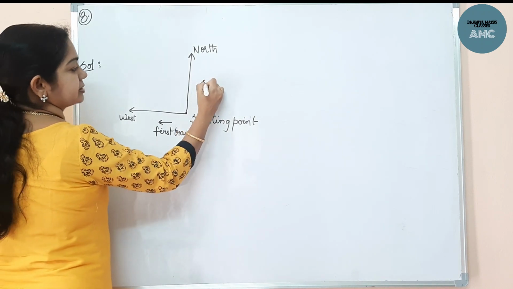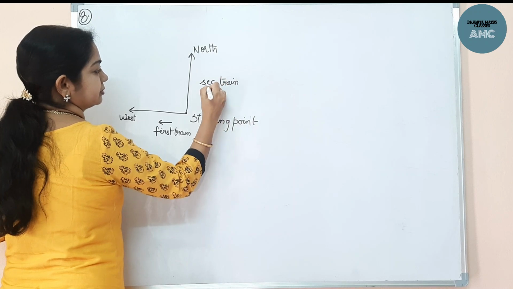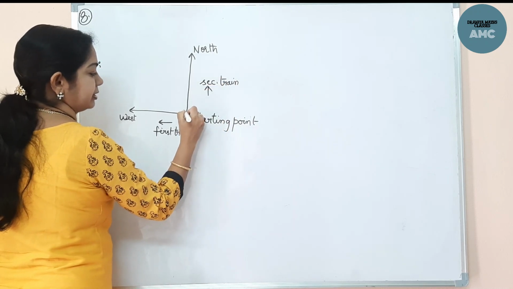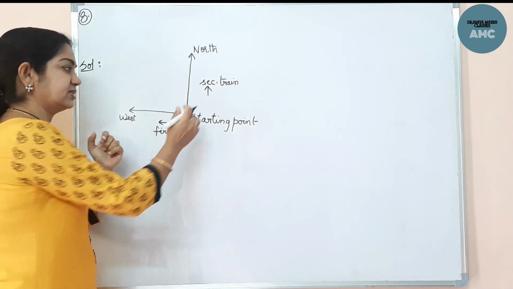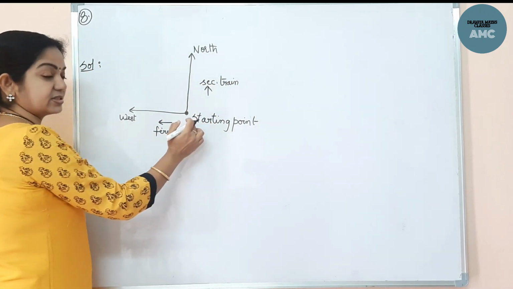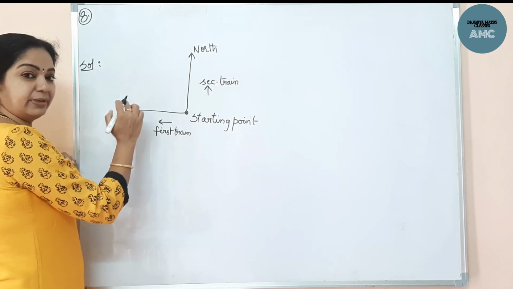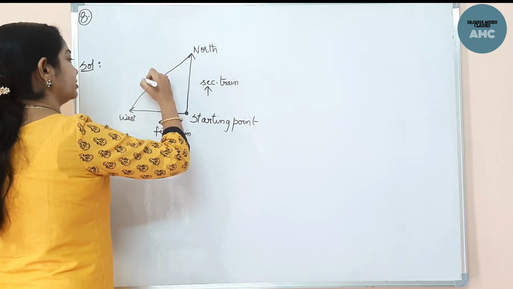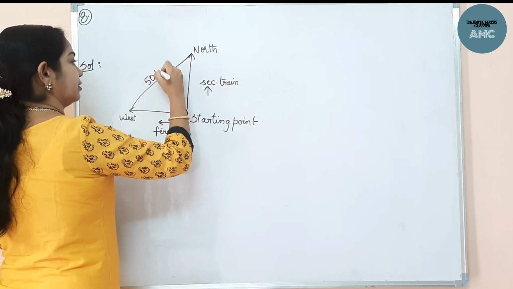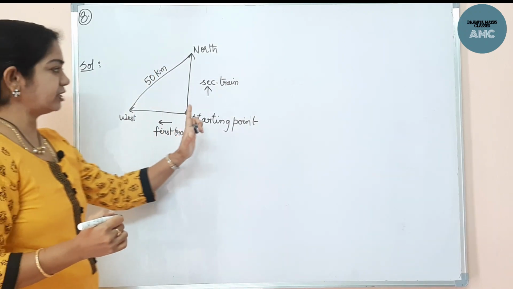And this is the second train traveling towards the north. They are starting at the same point, and after 2 hours, each having some speed, they are at a distance of 50 kilometers between them. Okay, this is the information given.